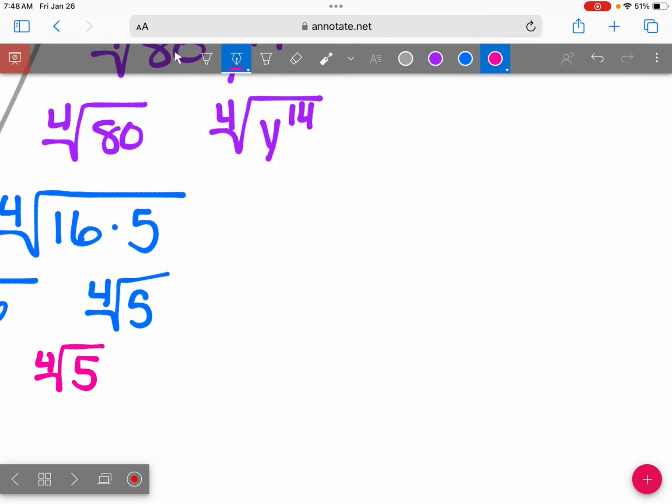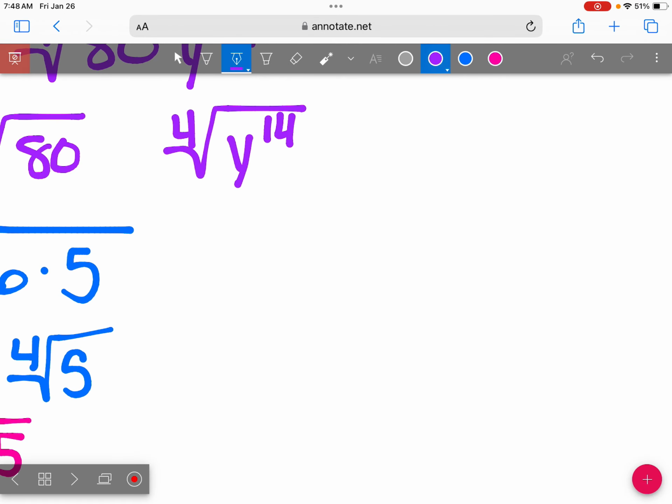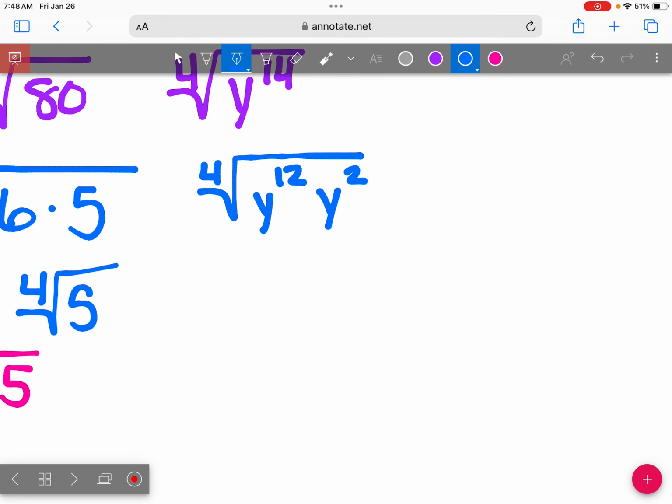How about our y to the 14th? What do we need to do there? What are we going to split the y up into? 12 and 2. Because then we can do our y to the 12 over 4.